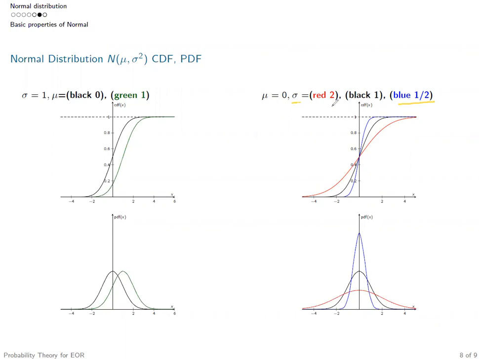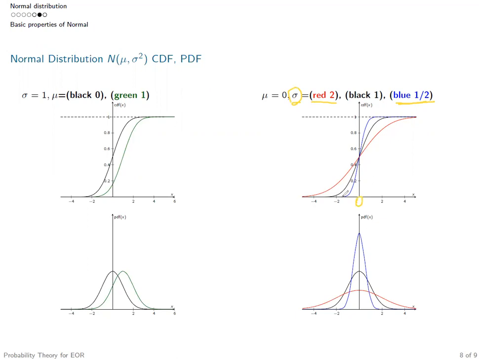We can see that as sigma is reduced from 2 to half, the CDF function is getting sharper around the mean area, around 0.